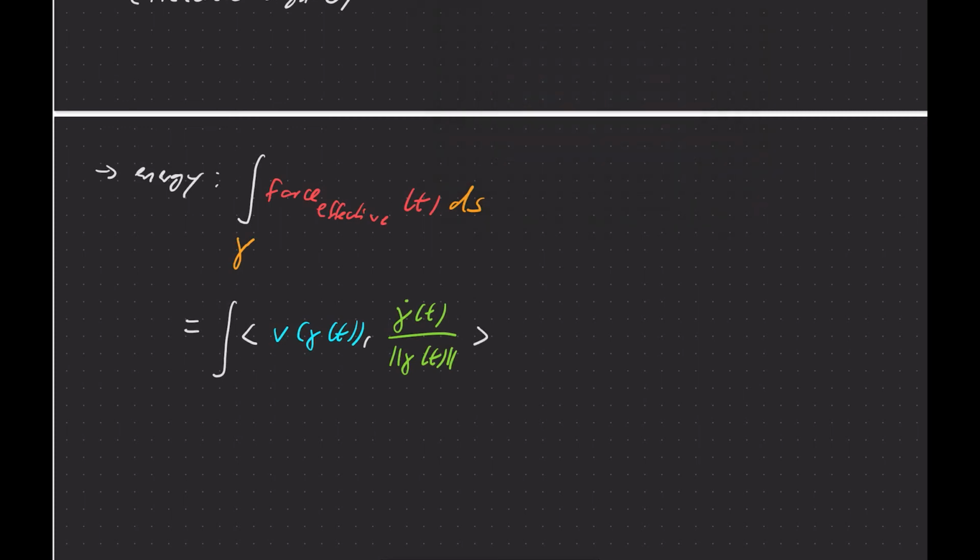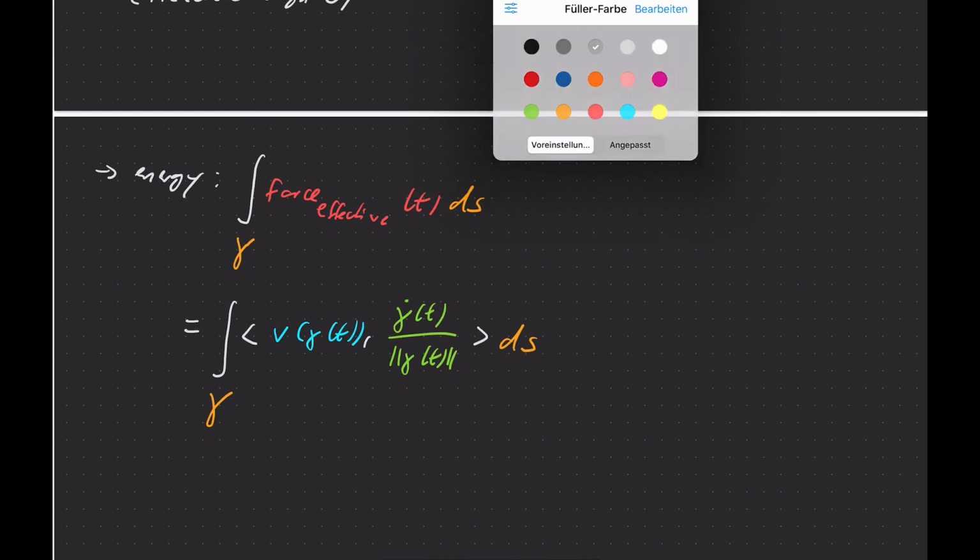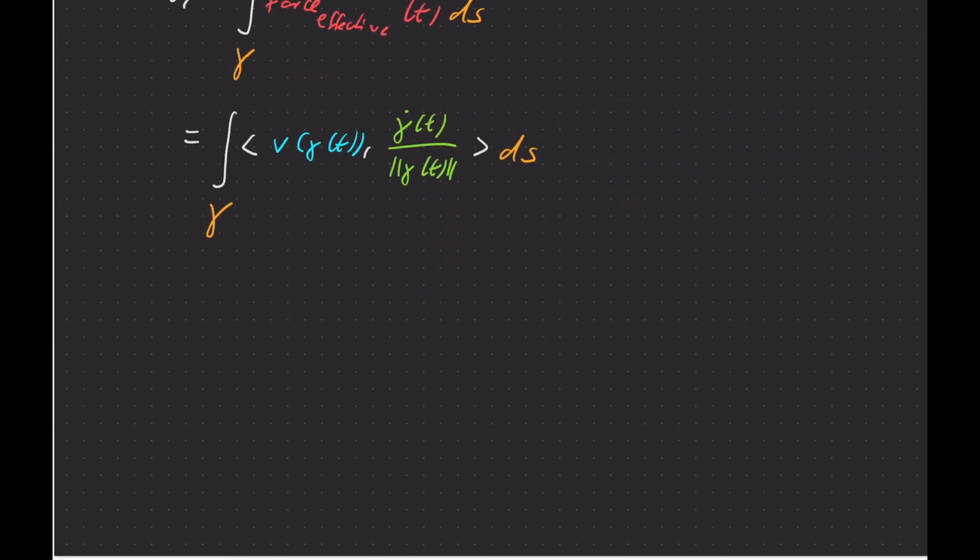And we have to integrate that along the curve gamma ds. So let's use our formula for that. That curve integral can be evaluated by integrating from the starting time to the end time. So we integrate over the time from alpha to beta, because gamma is defined on the interval alpha to beta.